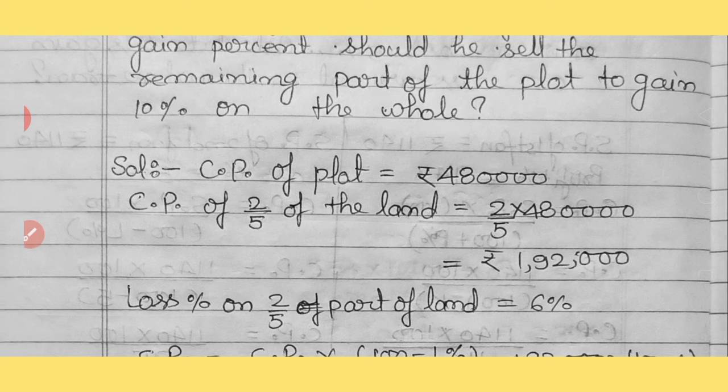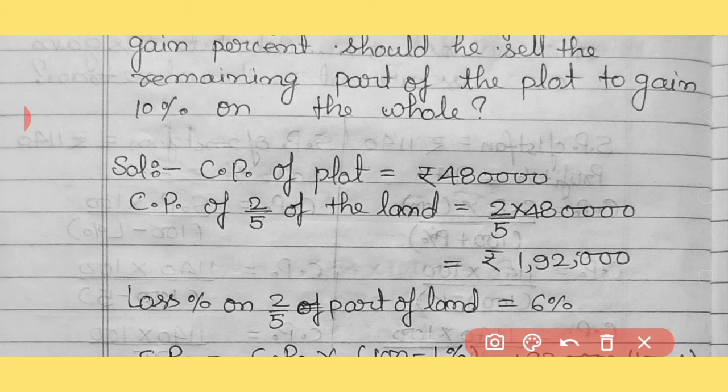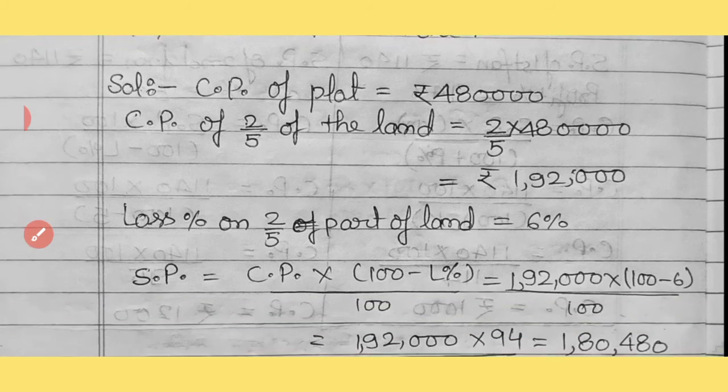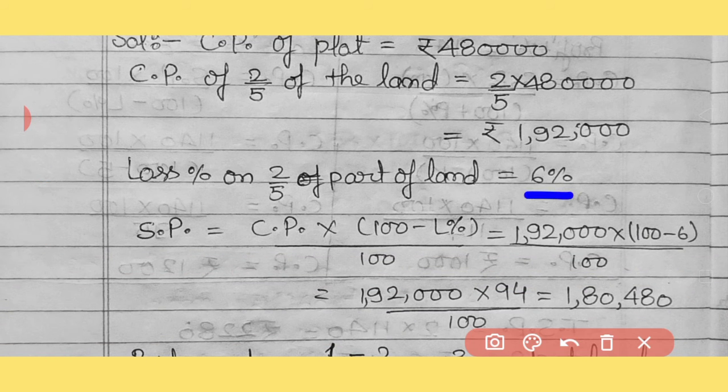So firstly we have to know the CP. The CP of the plot is 4,80,000, and the CP of the 2/5 of the land that is sold is rupees 1,92,000, sold at a loss of 6%. So what is the SP? SP is CP multiplied by (100 minus loss percentage) divided by 100.